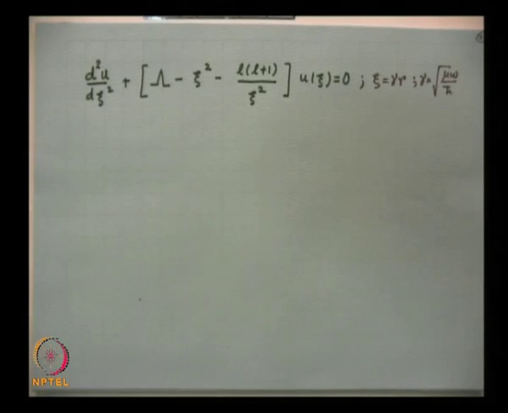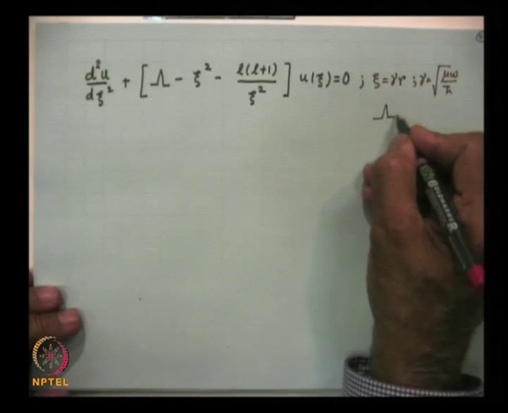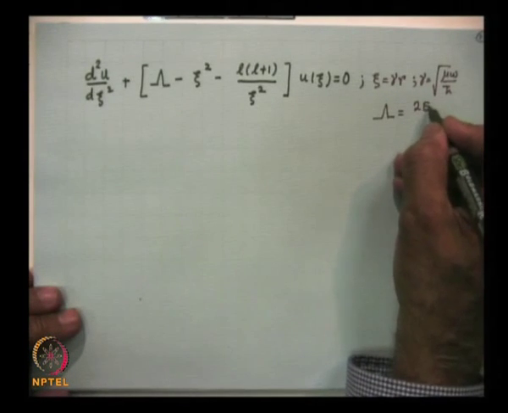Now, lambda is now the eigenvalue. So, lambda is equal to 2 E by h cross omega.